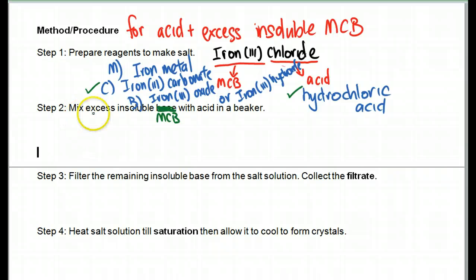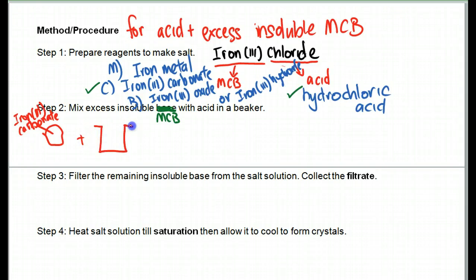Step 2. Mix excess insoluble MCB with acid in a beaker. So in this case here, I'll be having a lump here. This is my iron 3 carbonate. I mix it with my acid.